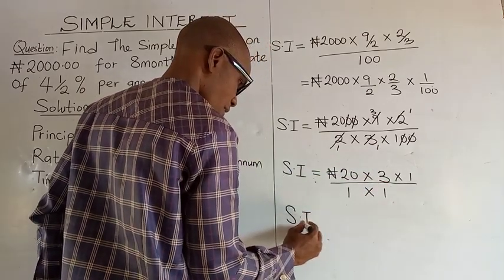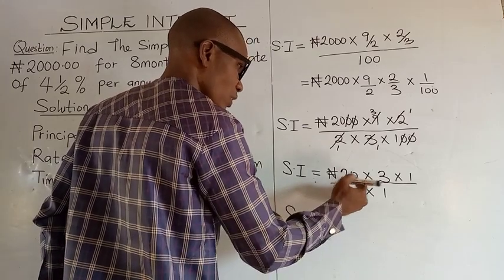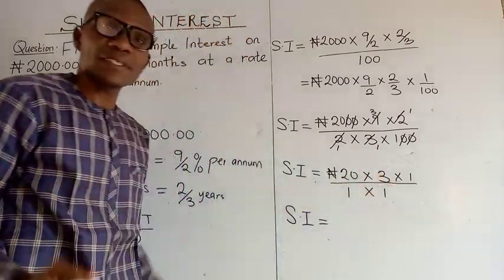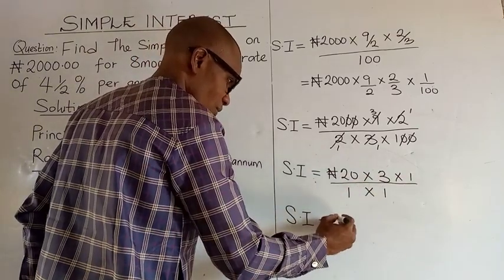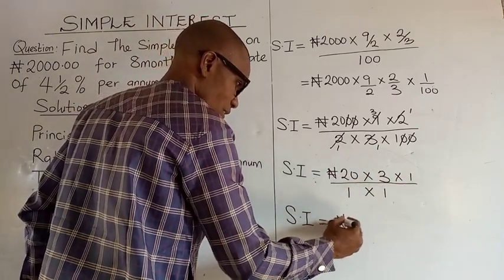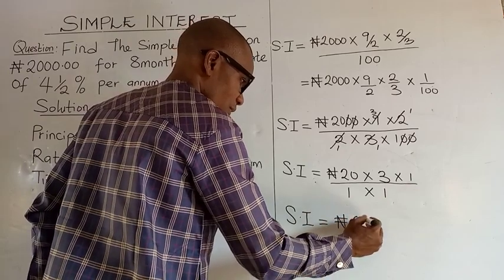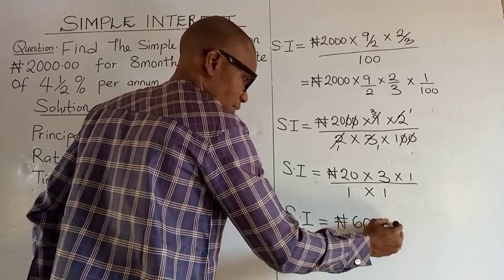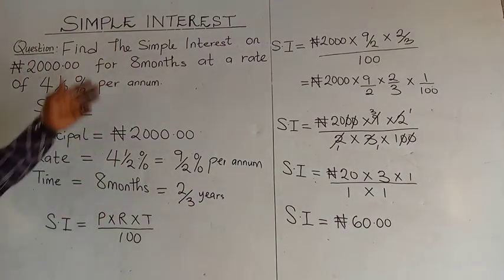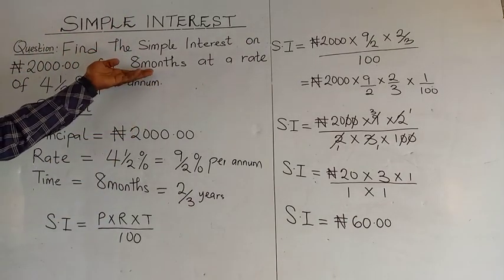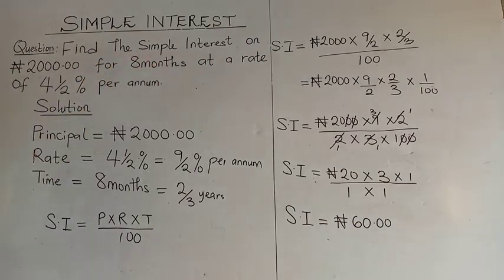Therefore, our simple interest is equal to 20 multiplied by 3, which is 60 naira. So that is how to get the simple interest when we are given months instead of years.